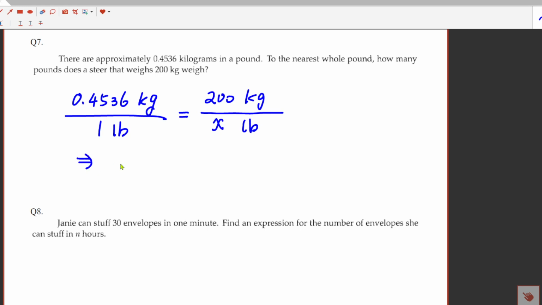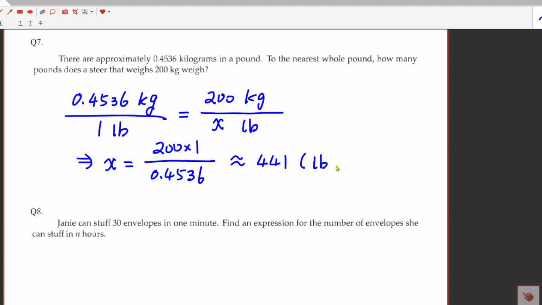And then this gives us X equals 200 times 1 over 0.4536, right? And that number is approximately 441 because it says to the nearest whole pound, right? The unit is pounds.